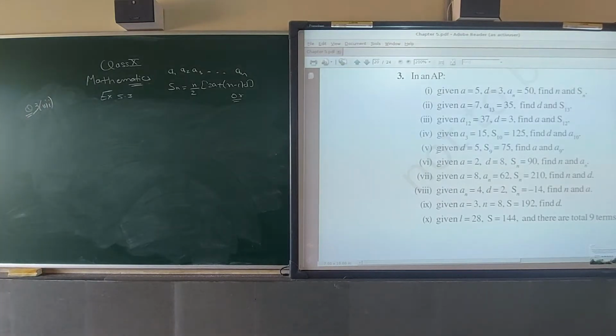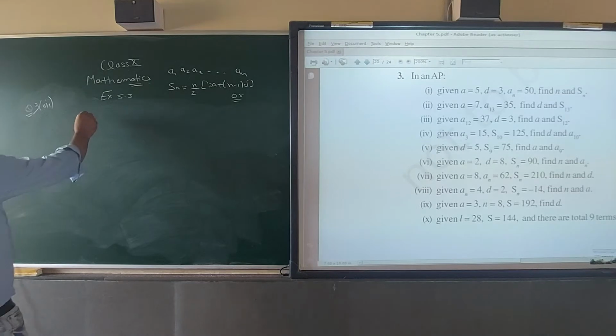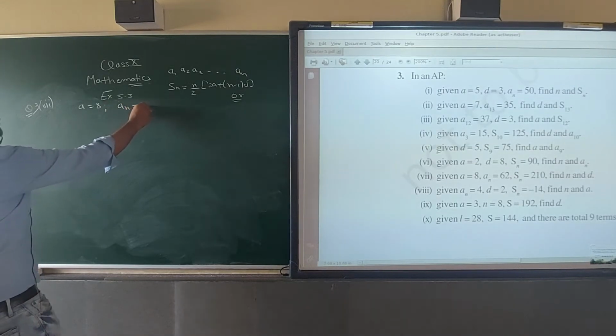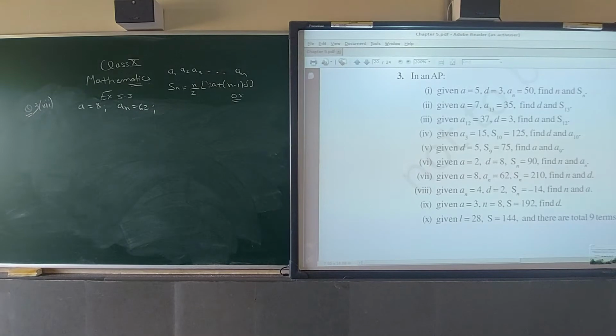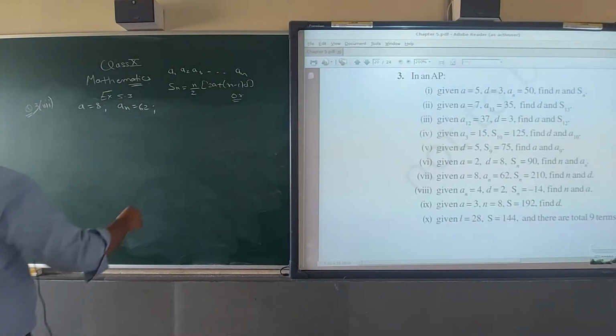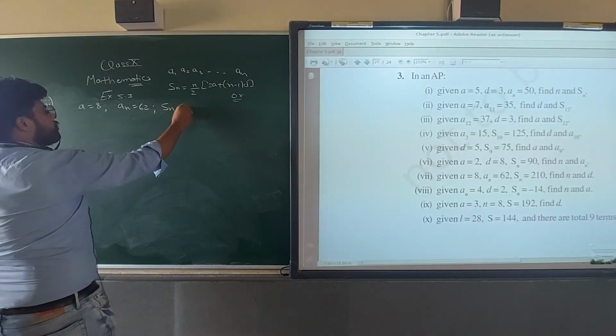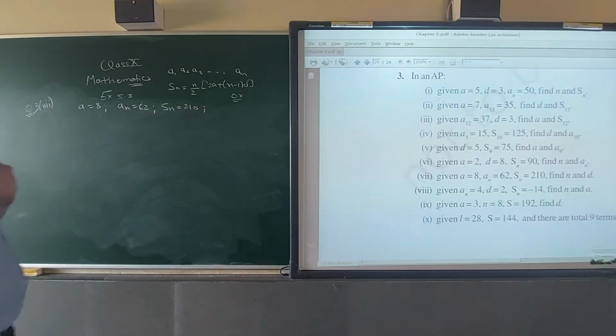Seventh part. a is 8, then an is 62 and Sn is 210. We have to find the value of n and d.